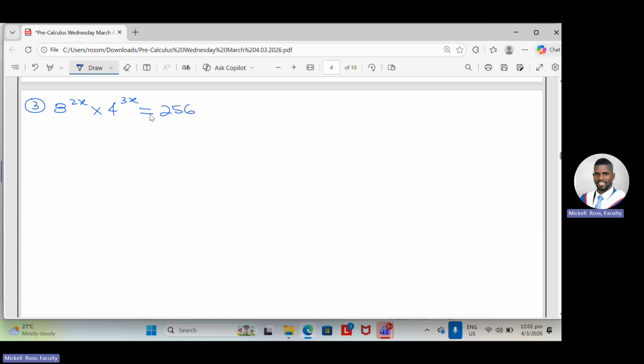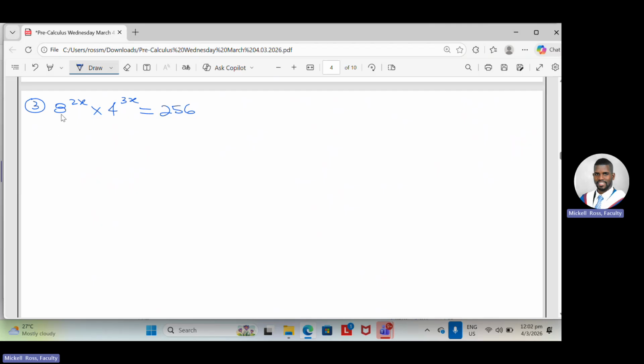Please note 8 cannot be written with a base of 4. 4 to no power, unless it's a fractional power, and we're not looking for a fractional power, is going to be equal to 8. So the smallest base that we can write all of these numbers to is going to be 2, and 2 is not a number that is a base in this equation. So we have one base 8, one base 4, one base 256.